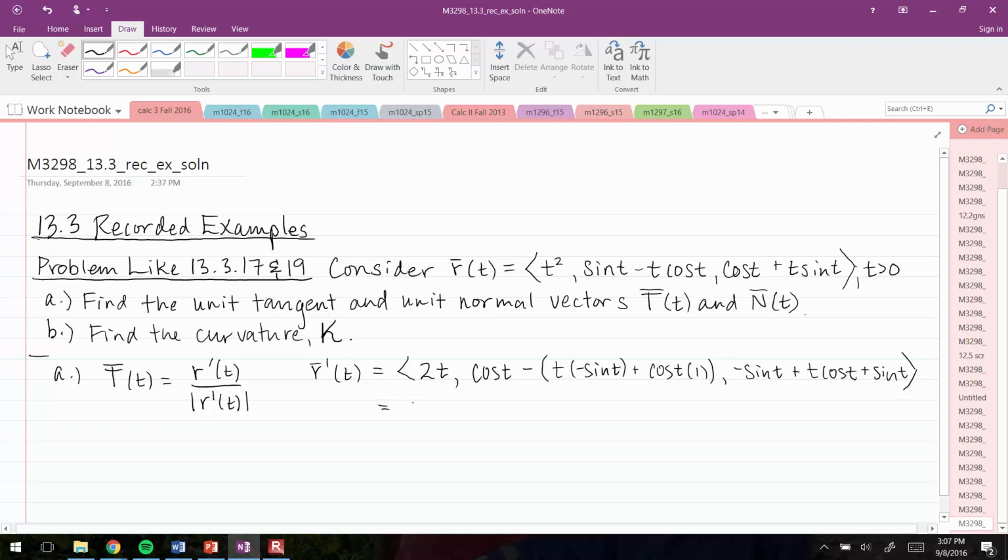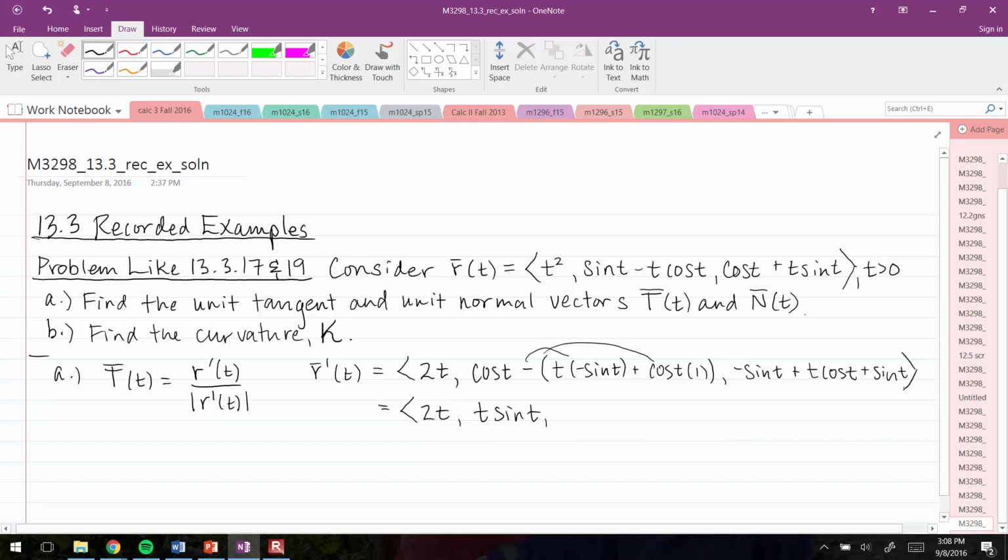Simplify this a bit. First component's good to go. Next one, notice distributing this negative is necessary. And then if we look ahead to the next step, we're going to have cosine of t, and then it'll be minus cosine of t. So we'll get 0 there, and then all that will remain is t sine t. Kind of a similar thing ends up happening here for the last component.